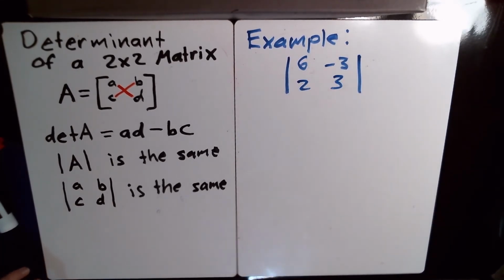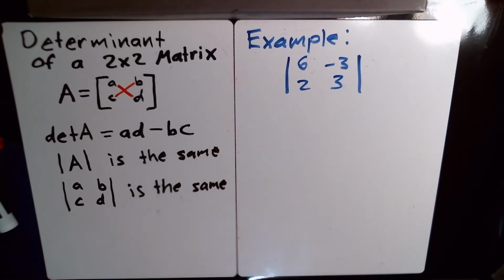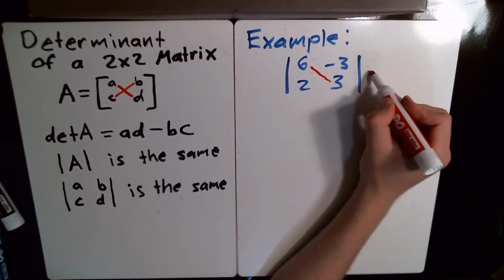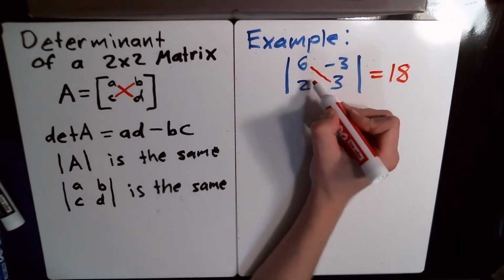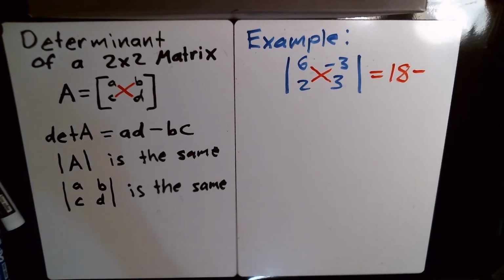Let's compute this determinant. What we do is multiply these two numbers, so it will be 18, and then multiply these two numbers, but we subtract that off.